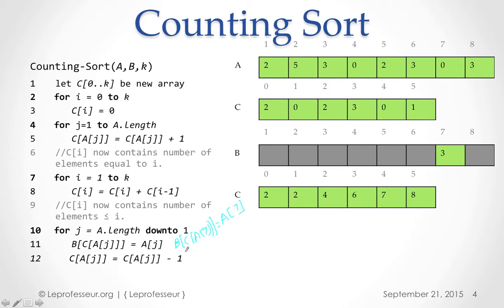Okay. Now what is the value of A of 7? A of 7 has 0 value, okay, so we put it 0.